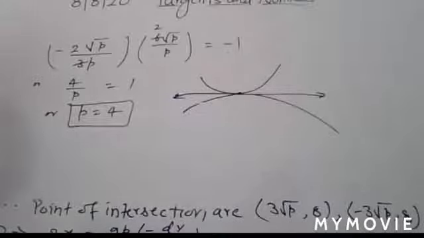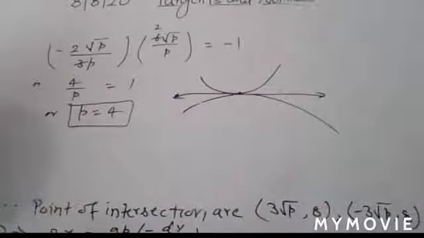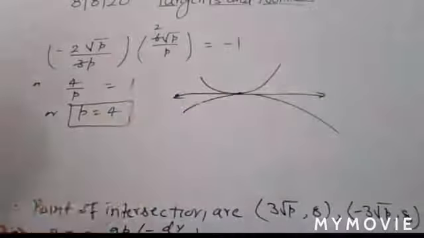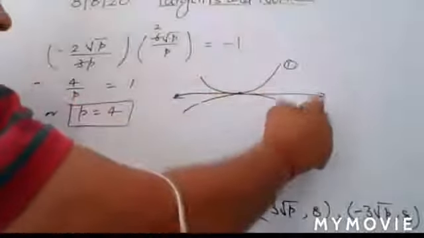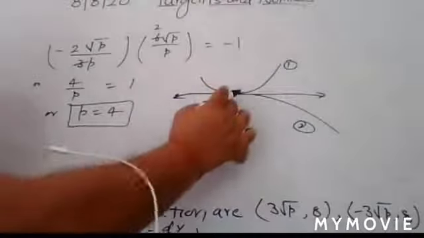So if you have a question like this, prove that the given two curves touch each other, what do you do in that case? First of all, find the point of intersection of the two curves. Then differentiate. Suppose here you have the first curve and here the second curve. Find the derivative of the first curve at the point of intersection.